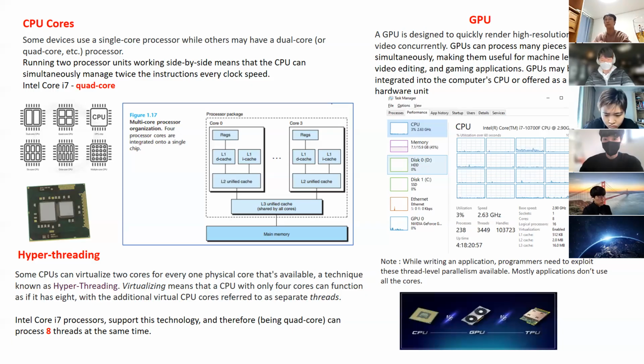They can process many pieces of data simultaneously, making them useful for machine learning, video editing, and game applications. GPUs may be integrated into the computer's CPU or offered as a dedicated hardware unit.